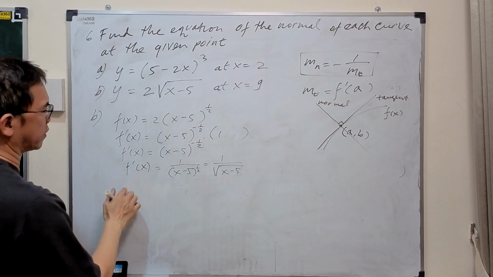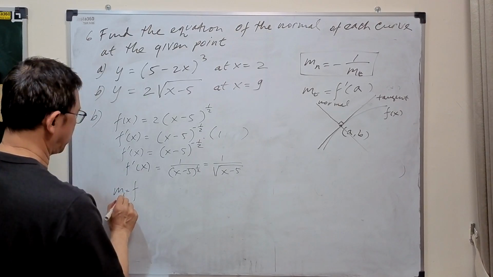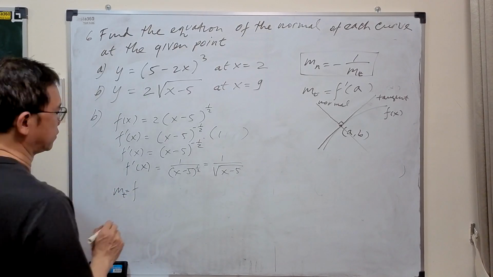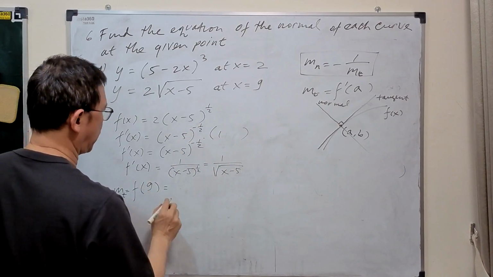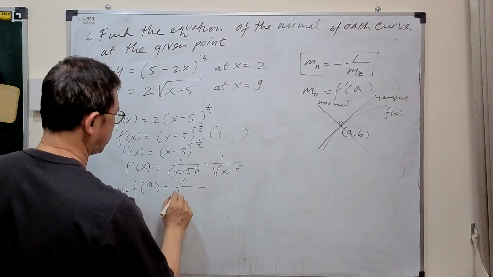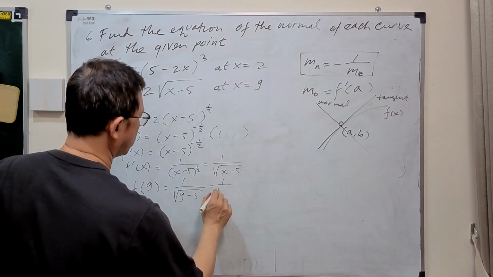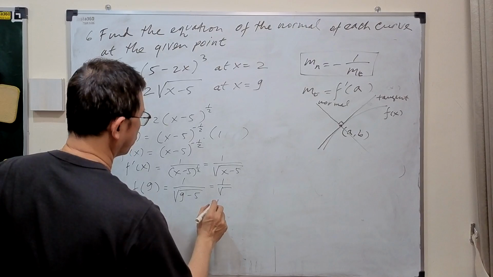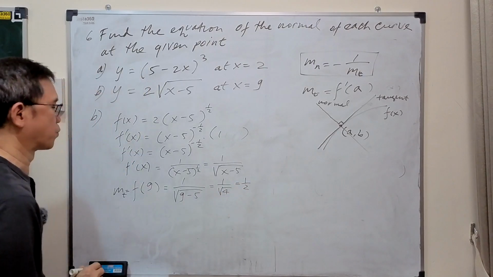Then find the gradient by plugging in 9. This is the gradient of the tangent. 1 over the square root of (9 minus 5) is basically 1 over root 4, so we get 1 over 2.